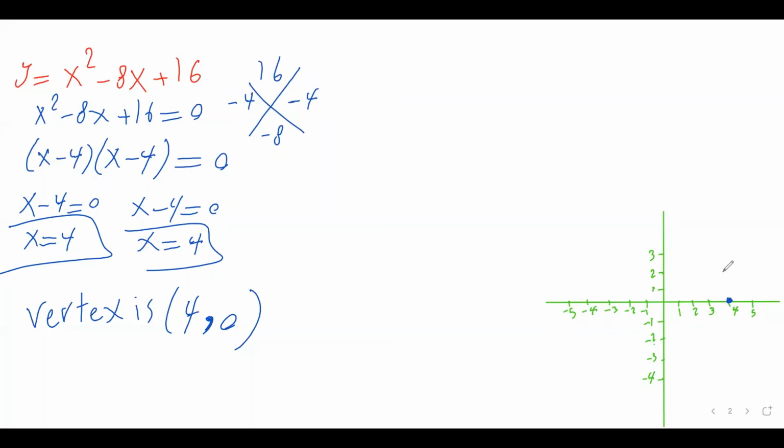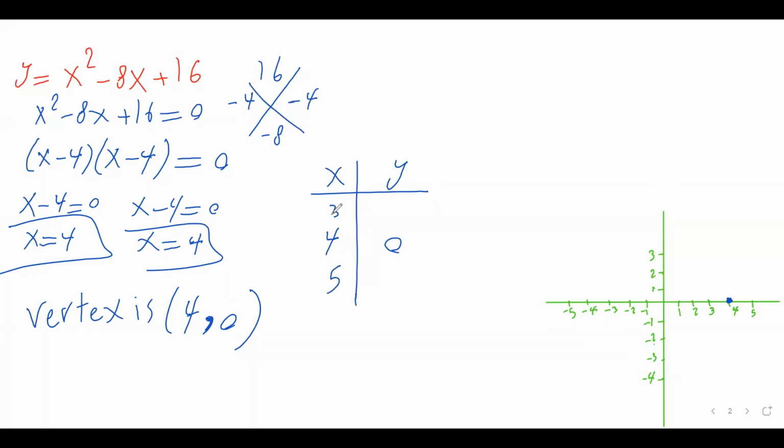I can make a table of values with x and y. I know the vertex is 4 and 0. All I need to do is find 1 or 2 points to the left and 1 or 2 points to the right of this vertex. I can just go with 1 point. So 1 point to the left of the vertex is 3 and 1 point to the right is 5.